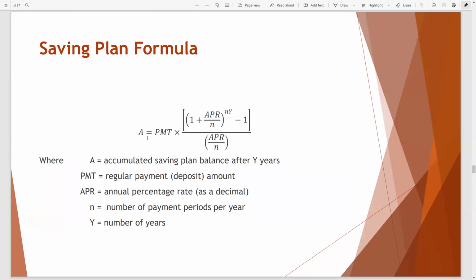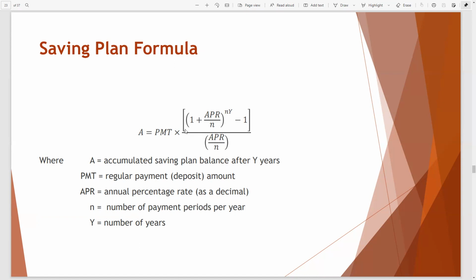So the total accumulated balance is the payment or deposit you put in regularly each month, times the numerator, which is tricky: 1 plus APR over n, to the ny, which is what we saw in compound interest, minus 1, divided by APR over n on the bottom.